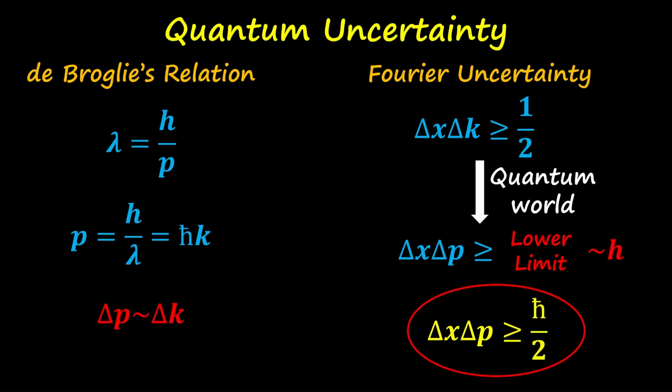And interestingly, this h bar by 2 comes when the wave function is a Gaussian function. So, in summary, quantum uncertainty is the Fourier uncertainty expressed in the quantum world. Thank you everyone for watching this video.